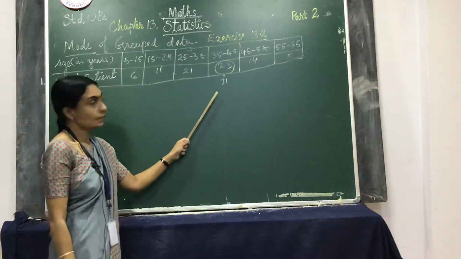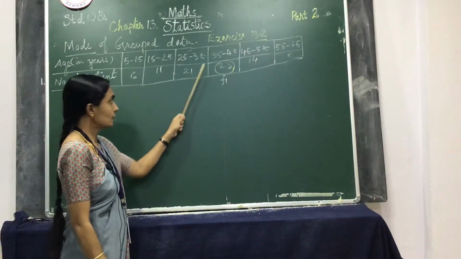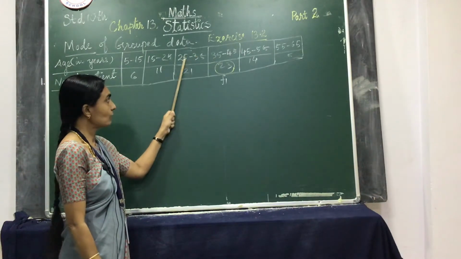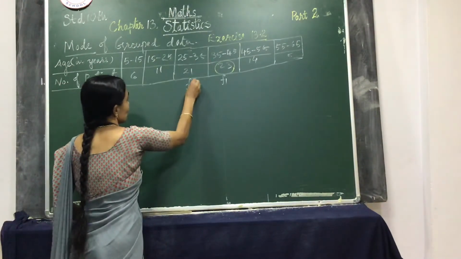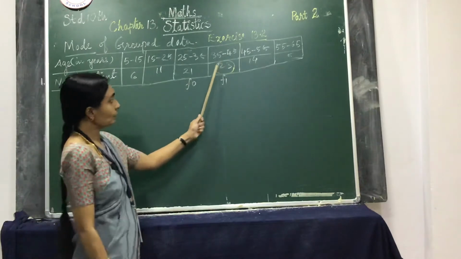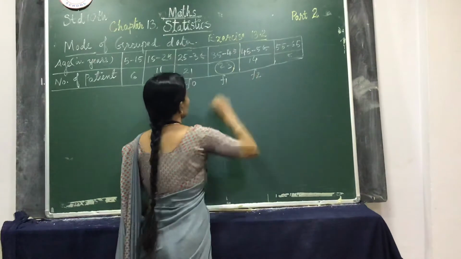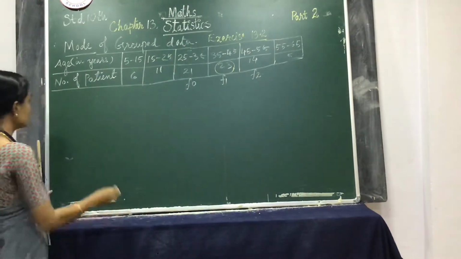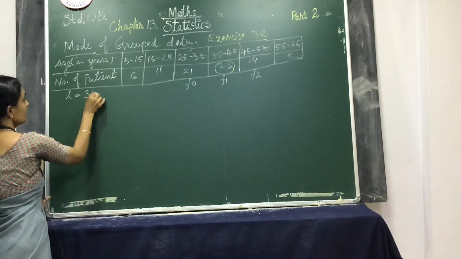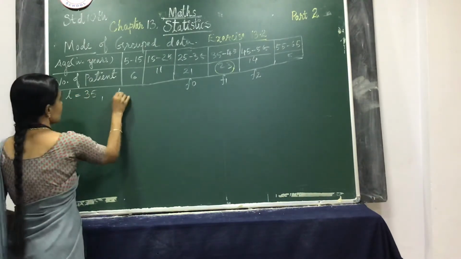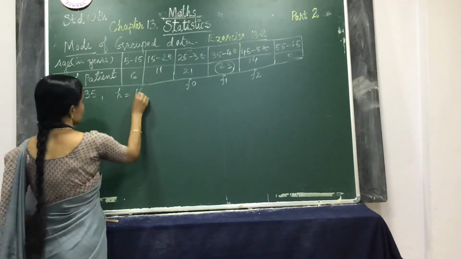We need the frequency of the preceding class, that is, before the modal class we have 25 to 35, as F0. And the frequency of the succeeding class is F2. We need L, the lower limit of the modal class, that is 35. And the width H is equal to 25 minus 15, or 15 minus 5, which is 10.